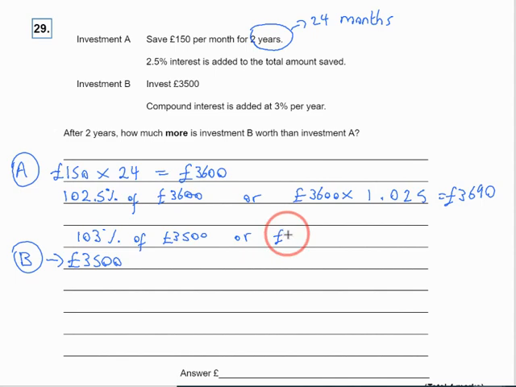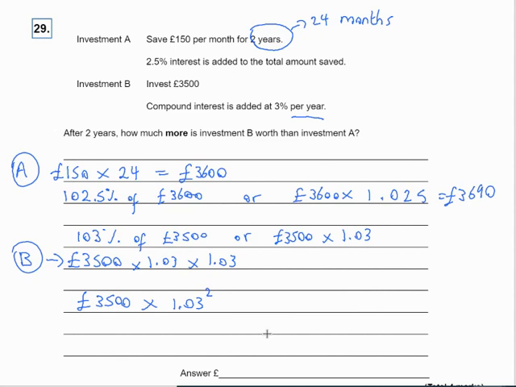Or we're doing 3,500 multiplied by 1.03. And because it's per year, we're doing that twice. So times 1.03 times 1.03. Or in other words, it's 3,500 multiplied by 1.03 squared.